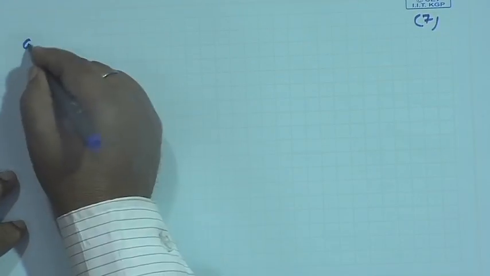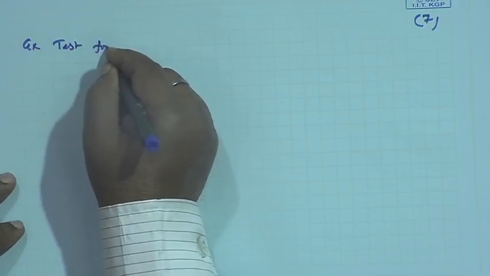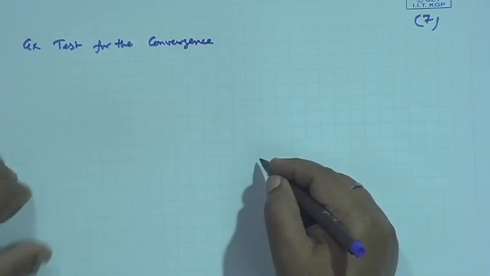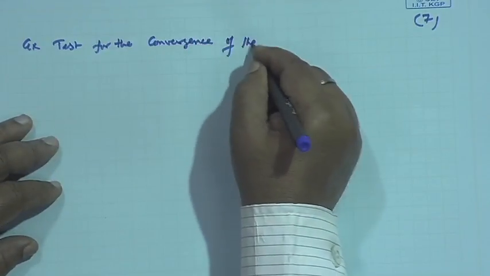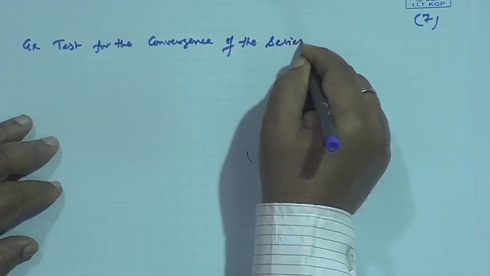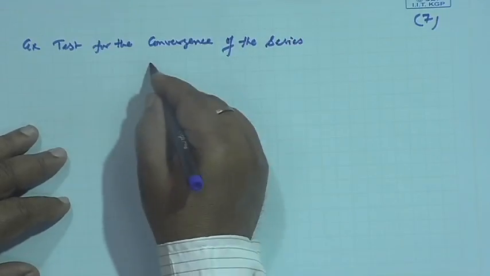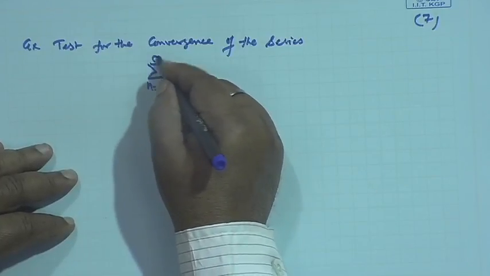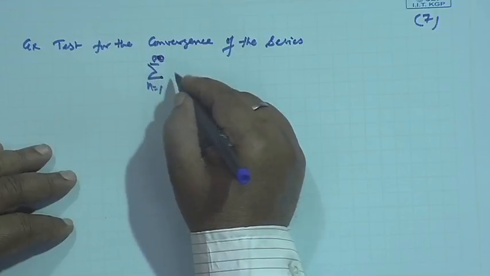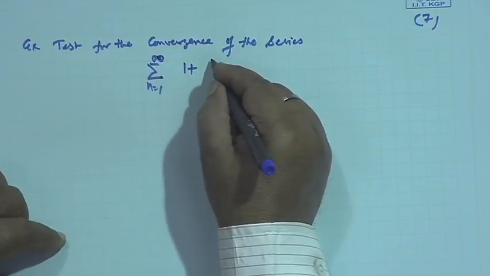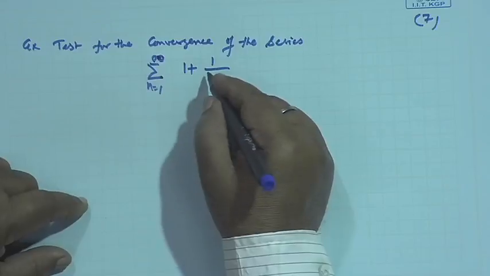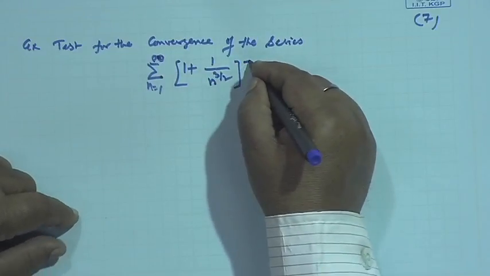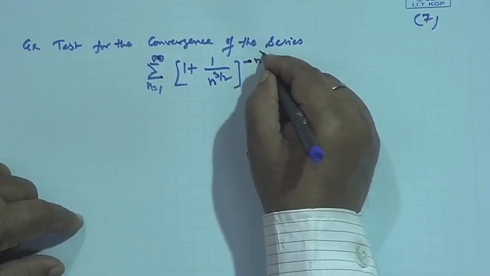Test for the convergence of the series sigma n is 1 to infinity, (1 plus 1 by n to the power 3 by 2) raised to the power minus n to the power 5 by 2.